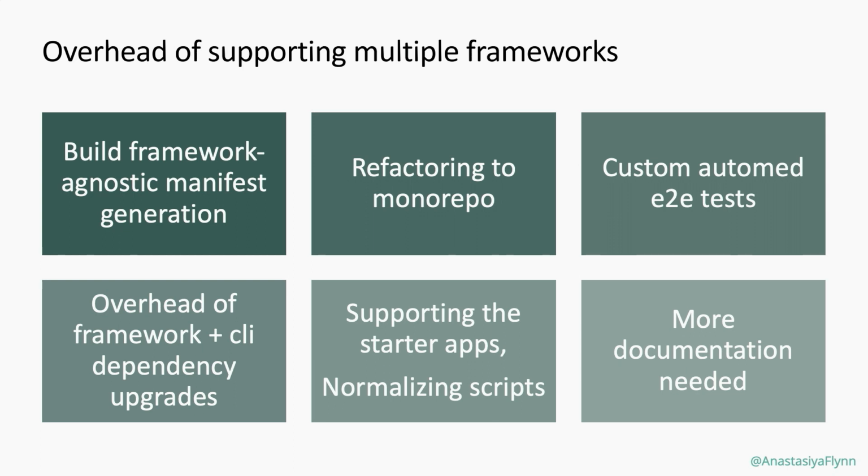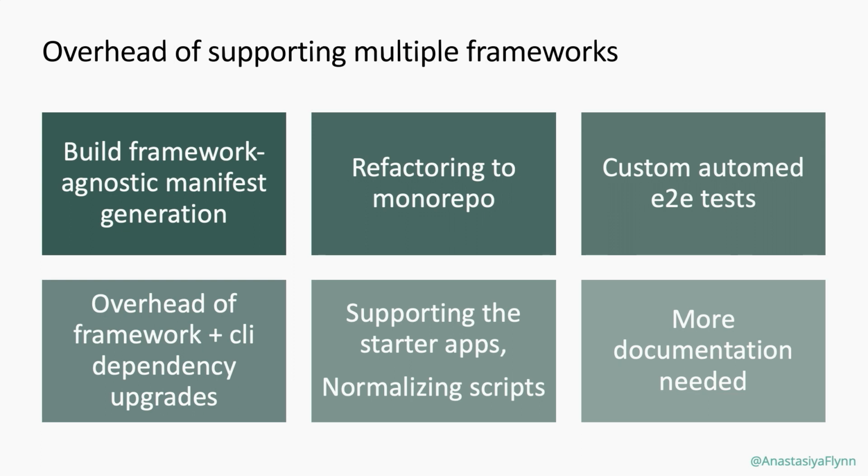Then when we had to support multiple frameworks, we had to go to a framework agnostic way of doing that. So now it had to be an API, so it couldn't be automatic. Now front-end devs have to actually do the work of creating those YAML or JSON files. So it's a little bit more work for them.